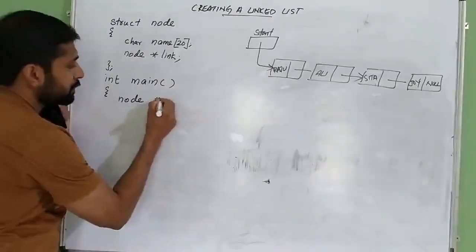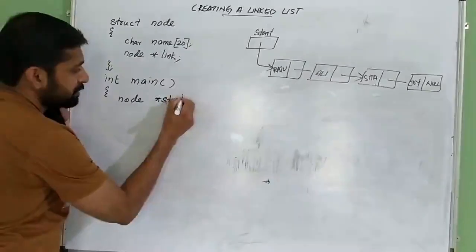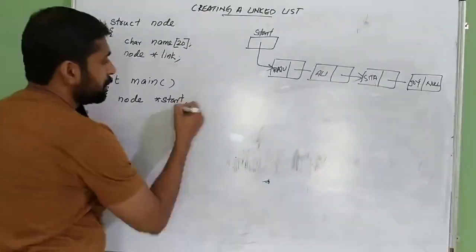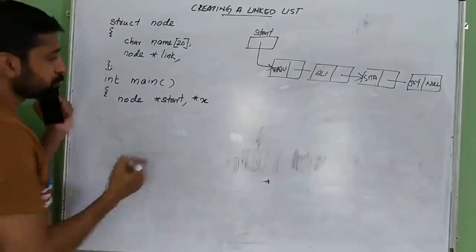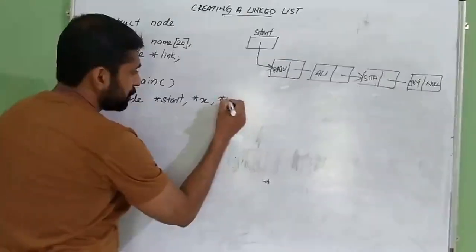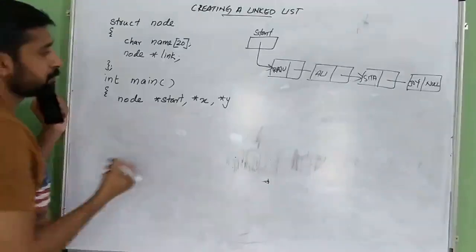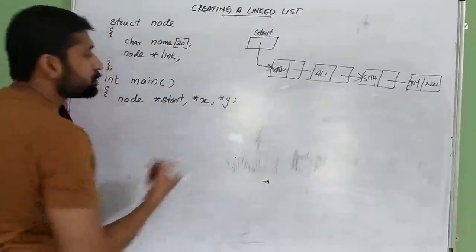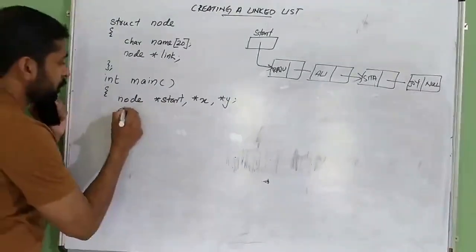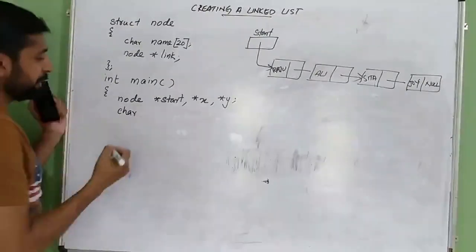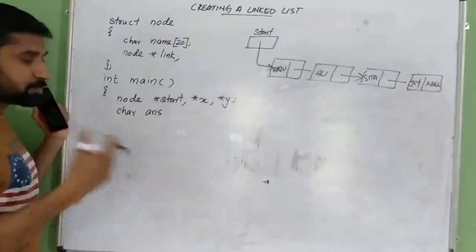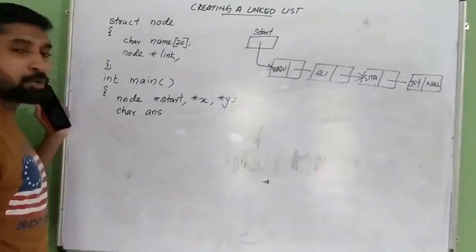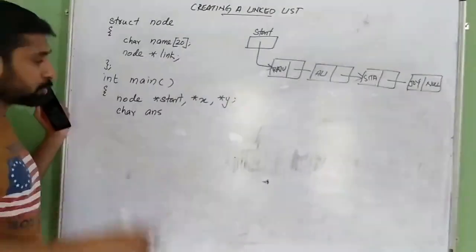So here we have node *start, *x, *y. Let these be our nodes. Now a variable char called ans to get the answer from the user, whether they want to continue or not.